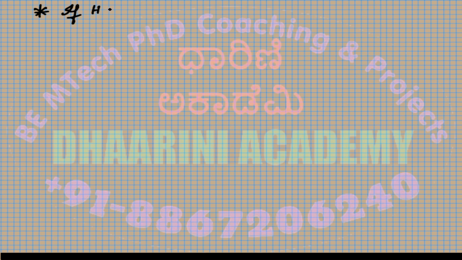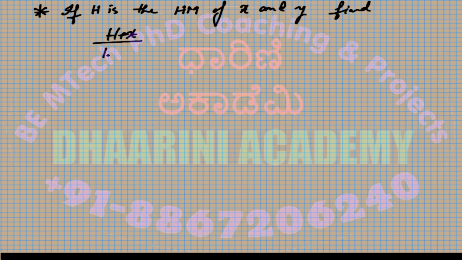If H is the harmonic mean of X and Y, find H plus X by H minus X plus H plus Y by H minus Y. Important question.